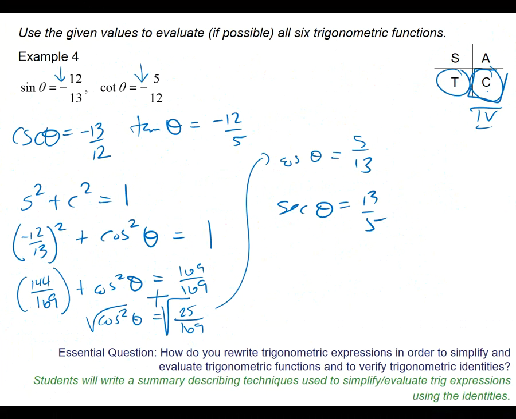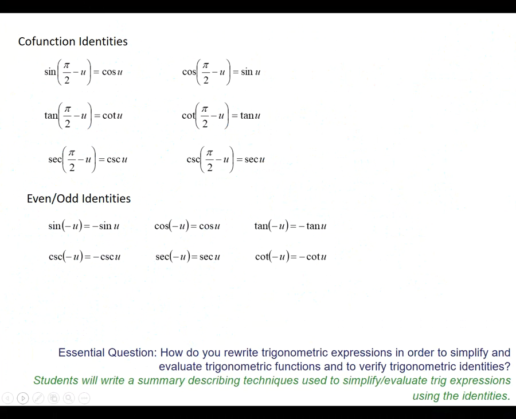So we're going to revisit 2 more identities. I know that they told me there's some stuff you have to write down, so we'll let you write down your cofunction and your even and odd. So take a minute and do any writing. Then we'll review these once again.